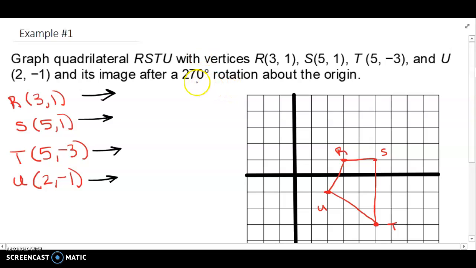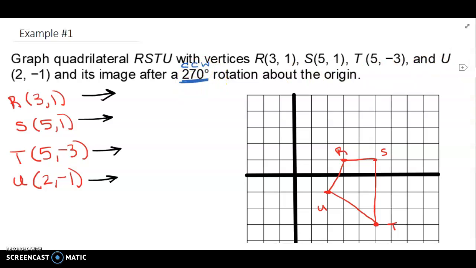We want to rotate it 270 degrees. Because it doesn't tell us otherwise, we're going to be doing 270 degrees counterclockwise. If it wanted us to move it clockwise, it would say rotate this image clockwise 270. But since it says nothing, it implies that it wants us to go counterclockwise.